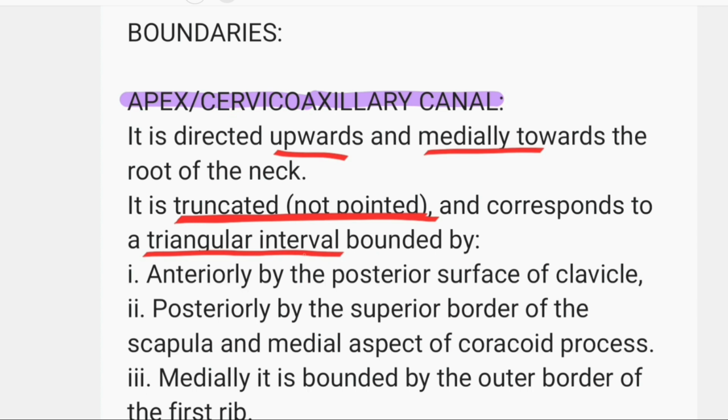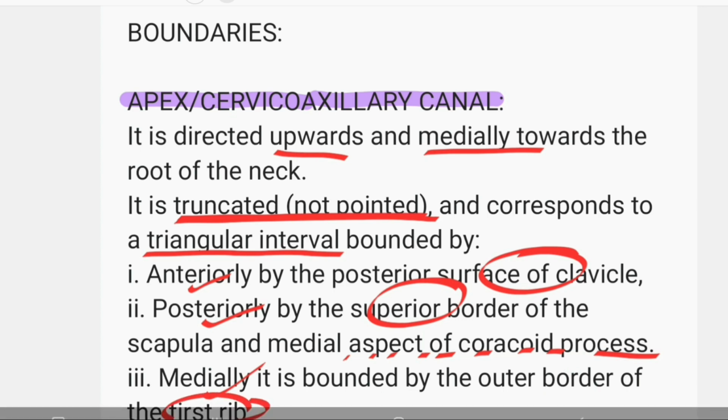Triangular interval means three boundaries: anteriorly, posteriorly, and medially. Anteriorly is the posterior surface of the clavicle, posteriorly the superior border of the scapula along with the medial aspect of the coracoid process, and medially it is bounded by the outer border of the first rib.